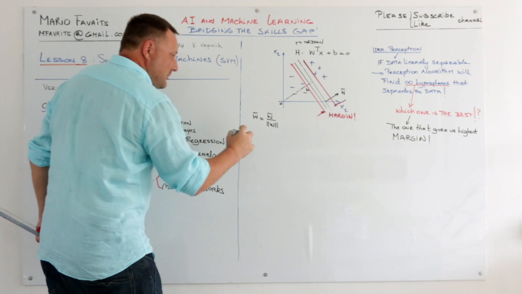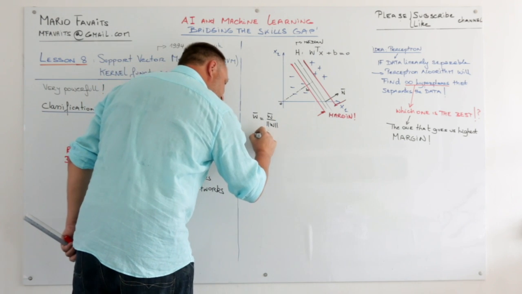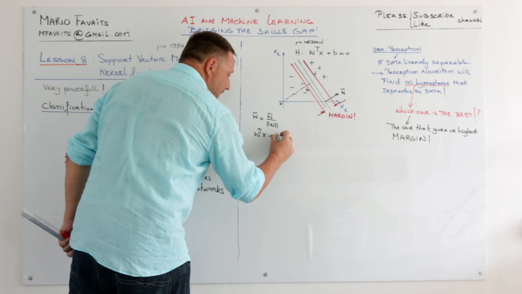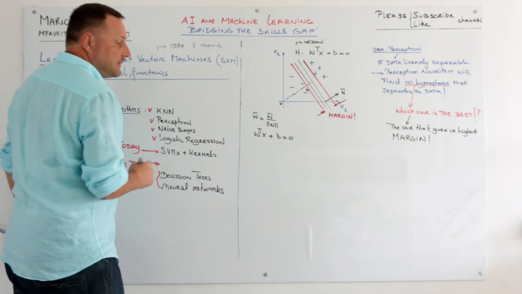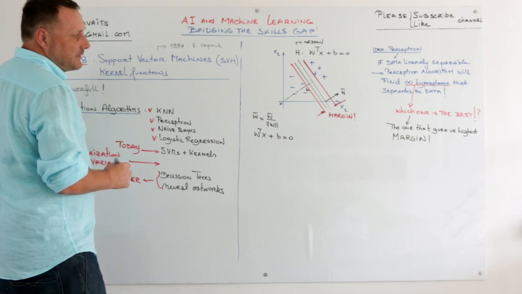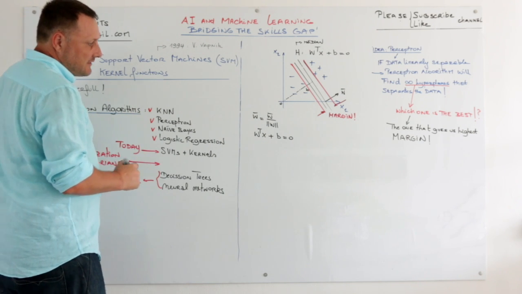Then we know that on the hyperplane from the perceptron, w transpose x plus b equals 0. We know that from the perceptron. And that's basically it. With this we can start.